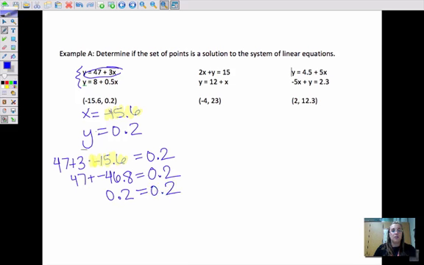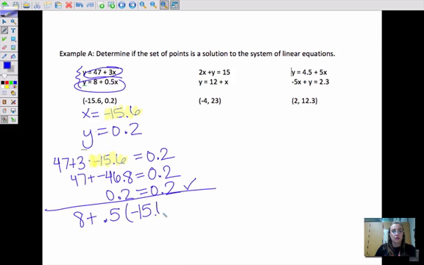So I know that this point is a solution to the first equation. So there's my first step. Then I also need to check it in the second equation and make sure it works for that one. So my work for that one would be 8 plus 0.5x and see if that equals 0.2 as well.